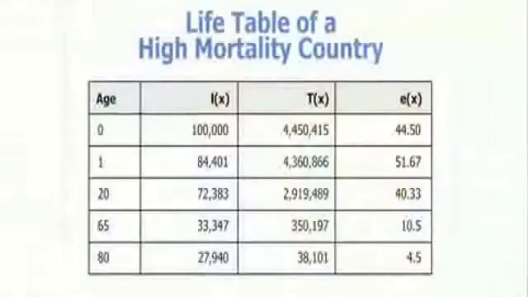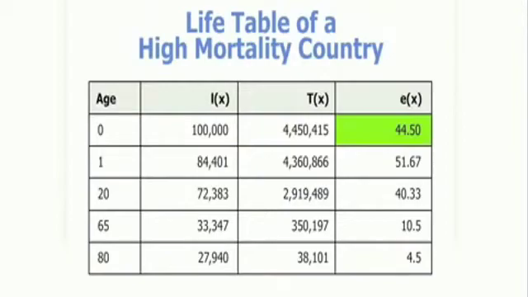Here we look at a life table for a high mortality country, not any specific one, just a typical life table. In this one, the life expectancy at birth is only about 44 years, and there are any number of countries in the world who have that low life expectancy. In Japan, it had been 86.